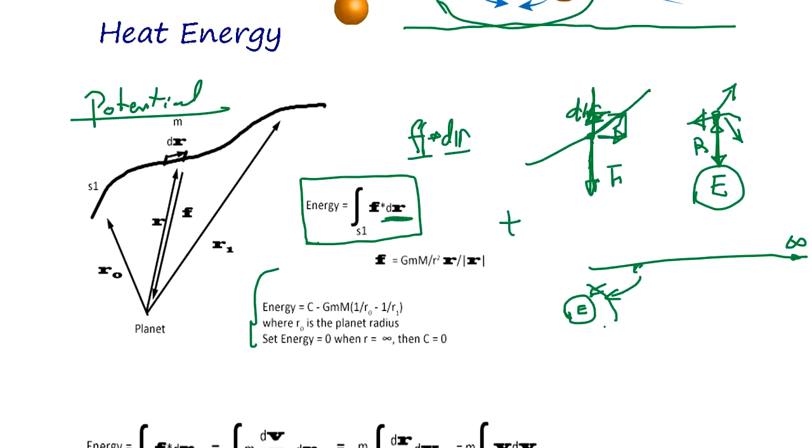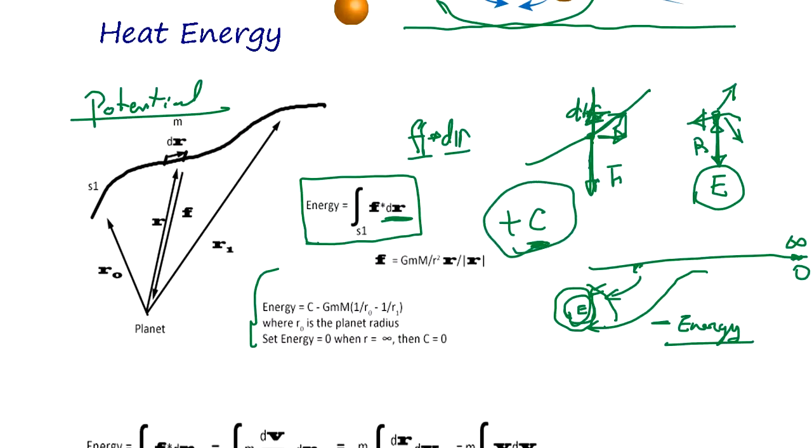You have a constant c, and you can adjust c so that at infinite distance the potential energy is 0, and all the potential energy down to the planet is going to be negative. That can be adjusted by this c. As you do any calculation of potential energy, this c is adjustable.